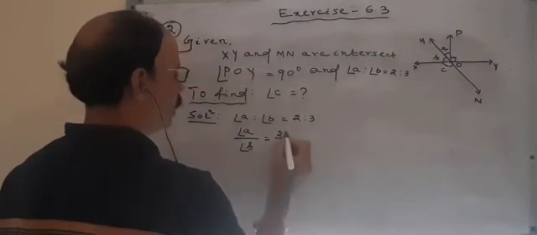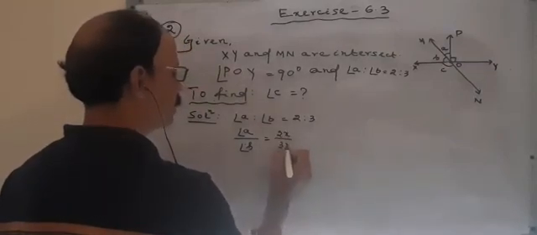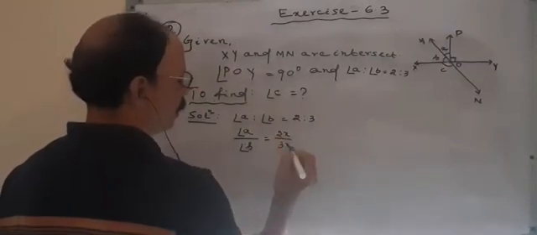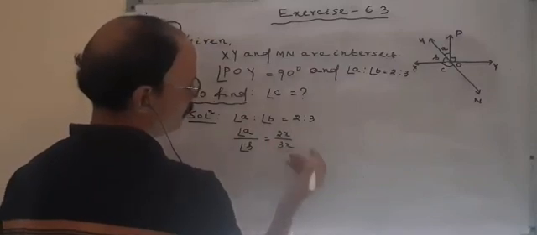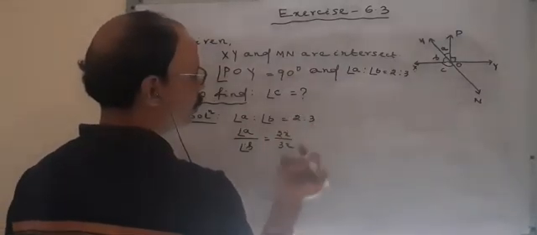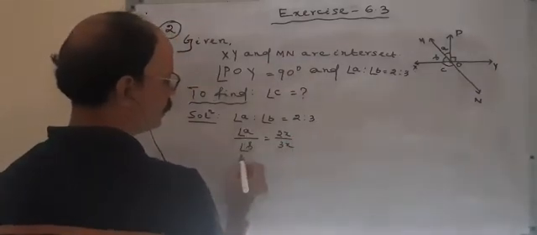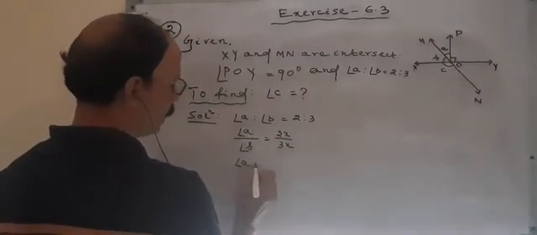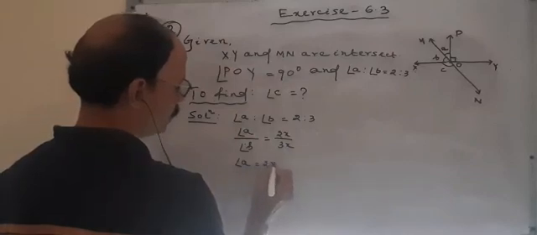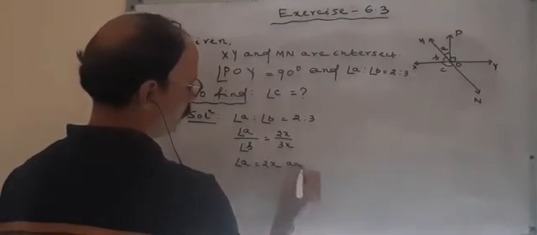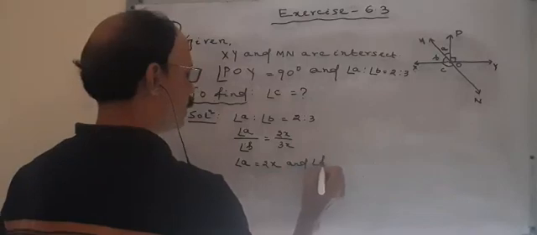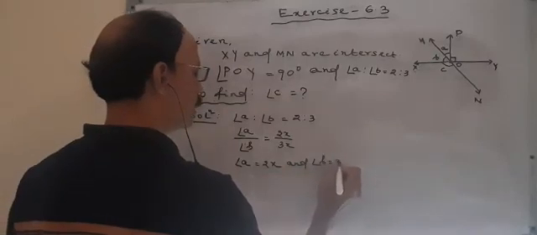So here we multiply x. If we multiply x on the top and bottom, the value will remain the same 2/3. So it means angle A is equal to 2x and angle B is equal to 3x.